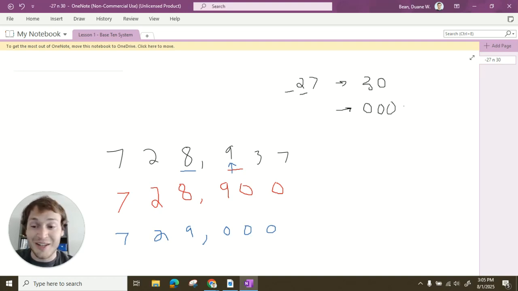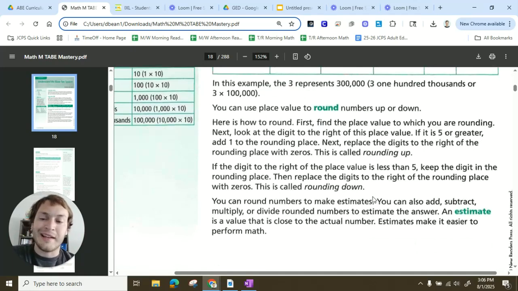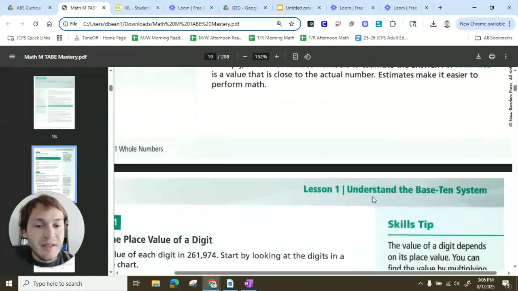So if someone said, tell me the number of students you have, but rounded to the nearest 100, I would say I have 0 students. A little bit funky, right? Because I don't have 0 students. So with rounding, if you are deciding what place value to round to, you want to make sure it makes sense and is not misleading.